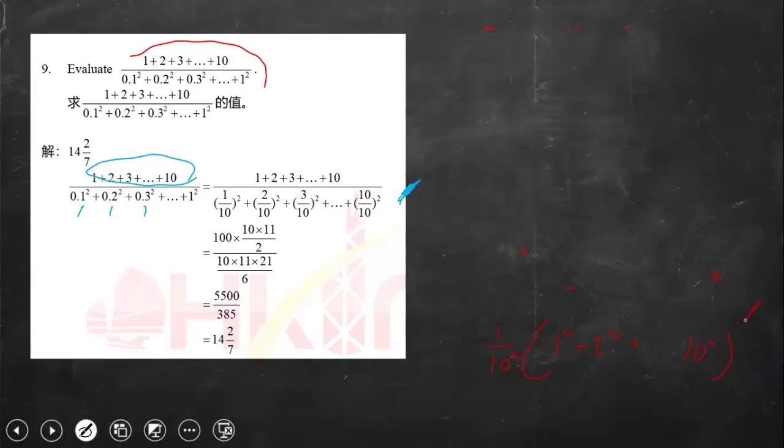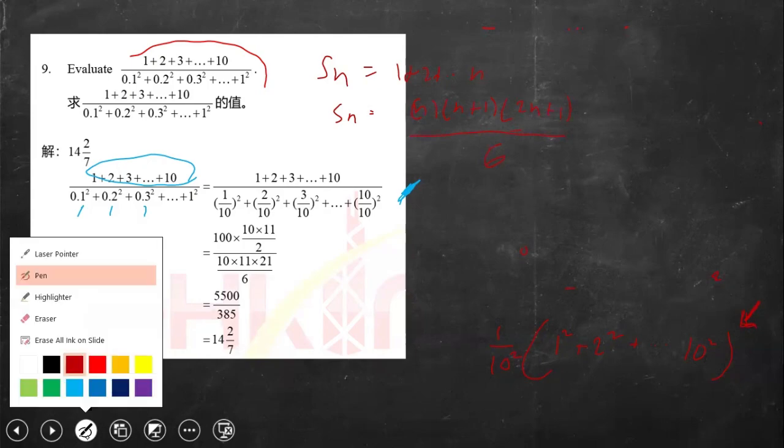Now that we have this, know that there was a sum of 1 plus 2 plus up to n consecutive. There's also a formula for the sum of consecutive squares. That's going to be n times n plus 1 times 2n plus 1 over 6.